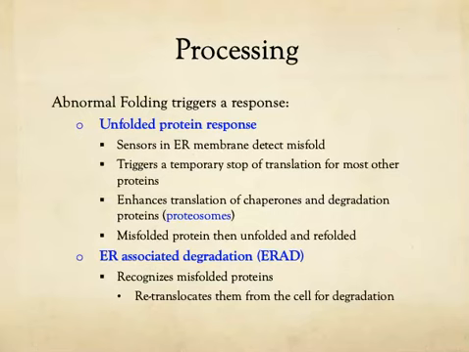Let's think about the unfolded protein response first. When a protein gets folded up inside the rough endoplasmic reticulum lumen, that protein is going to interact with the wall of that lumen, or the membrane of the rough endoplasmic reticulum.